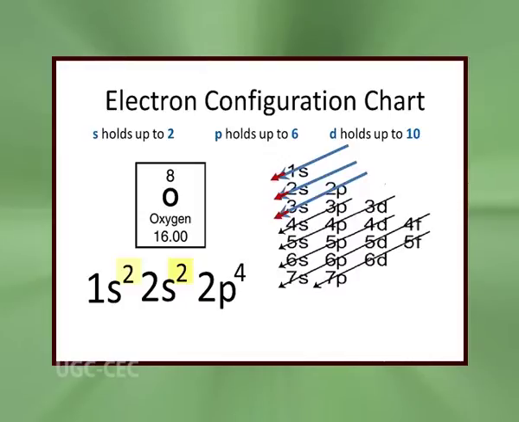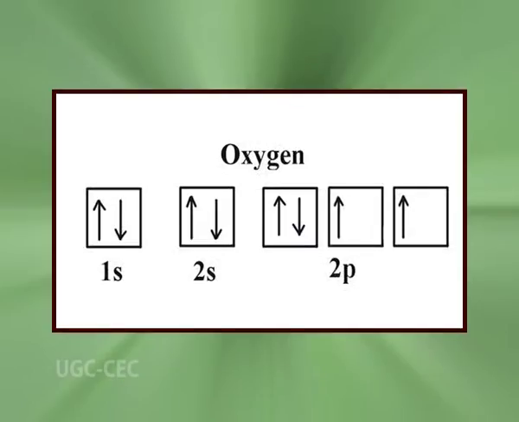Consider also the electron configuration of oxygen. Oxygen has 8 electrons. The electron configuration can be written as 1s2, 2s2, 2p4. The first two electrons will pair up in the 1s orbital. The next two electrons will pair up in the 2s orbital. That leaves 4 electrons which must be placed in the 2p orbitals.